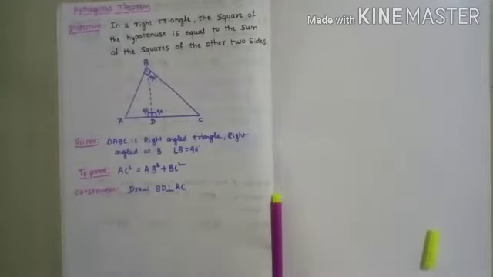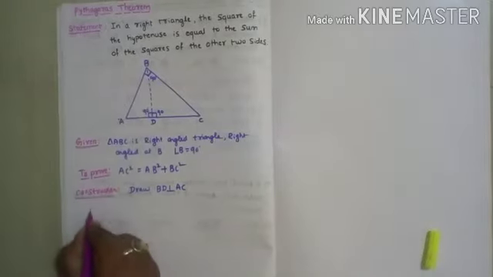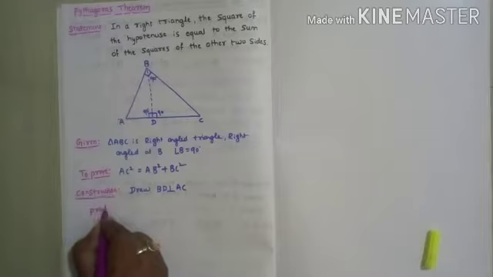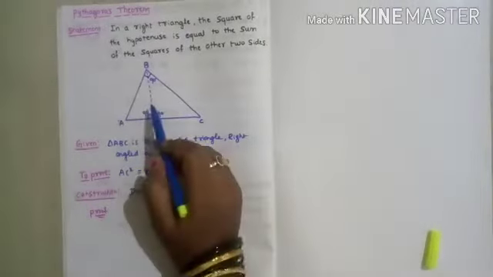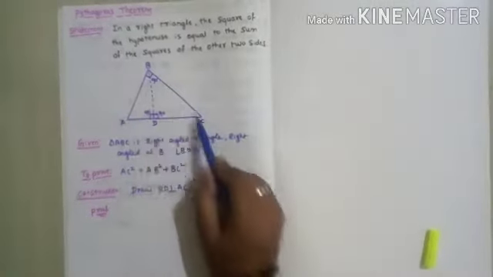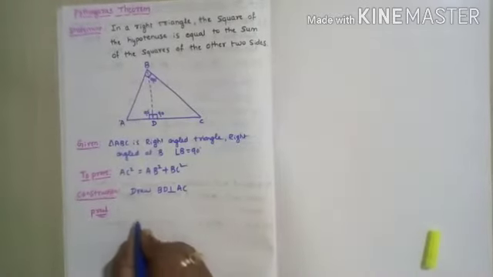So to prove this result, we have to see the proof now. Proof. After constructing the line BD, we got two smaller triangles, as I told you. So first we have to consider triangle ABC, this bigger triangle, and triangle ABD, and we have to prove those two triangles are similar.